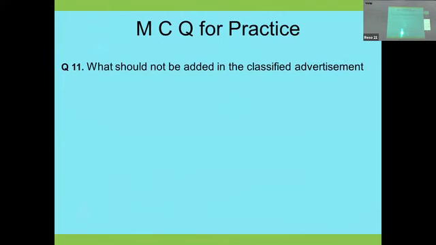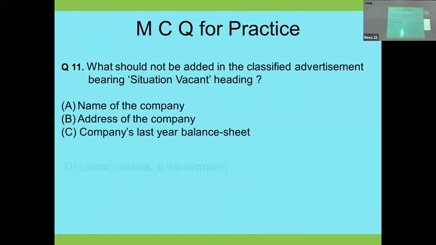What should not be added in the classified ad bearing situation vacant heading? Name of the company will be there. Address of the company will be there. Company's last year balance sheet. That has nothing to do in the advertisement, whether the company is profit making or is in a loss. It has nothing to do with it. So company's last year balance sheet.